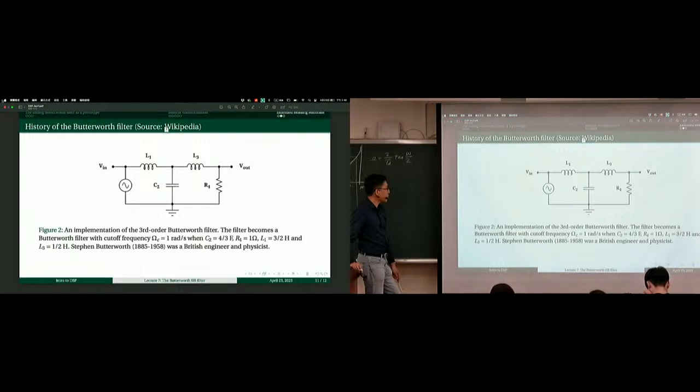So he was interested in designing an analog circuit which has the maximally flat frequency response, yet provides low-pass characteristics.